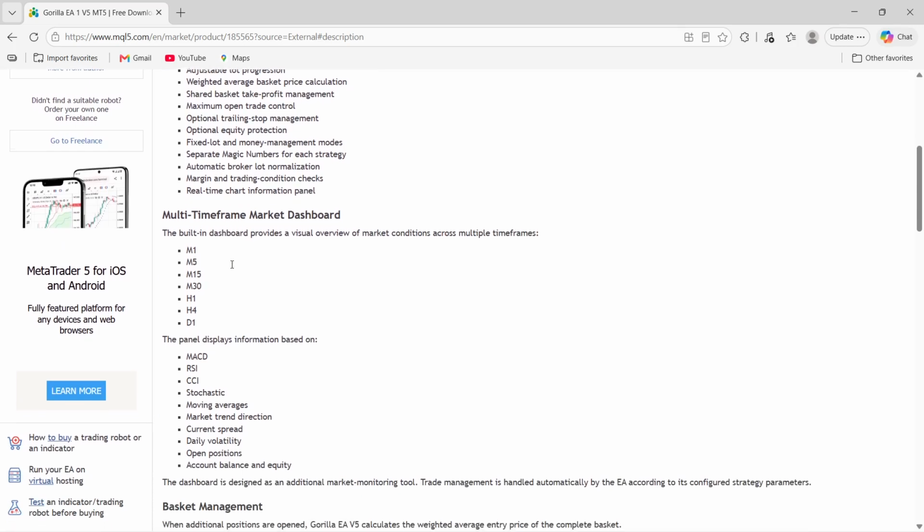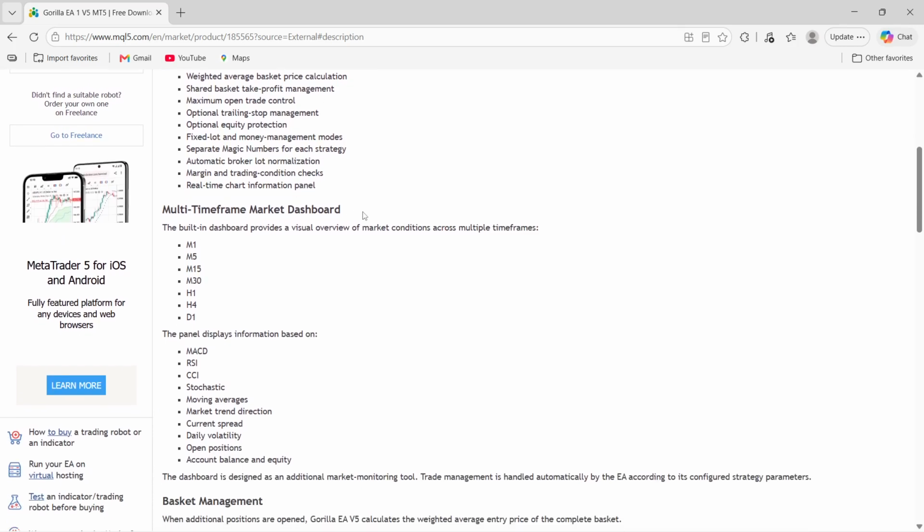All right. It makes use of a multi-time frame market dashboard. The built-in dashboard provides a visual overview of market conditions across multiple time frames. You can use it on your M1, M5, M15, M30, hourly, 4 hours, or the daily time frames.